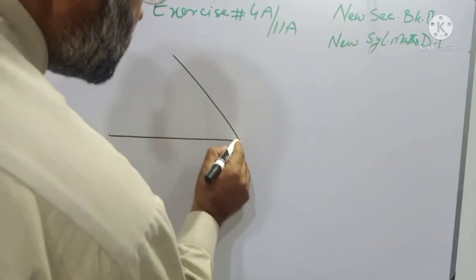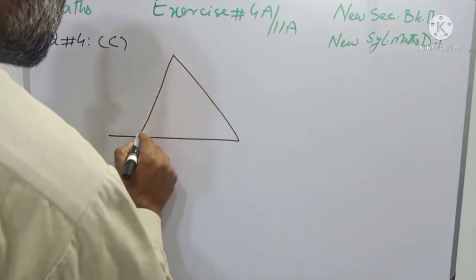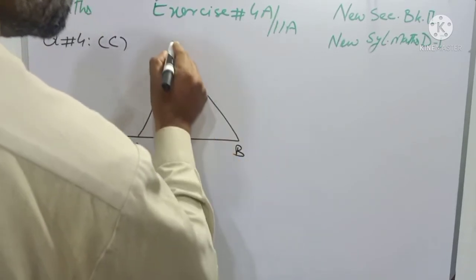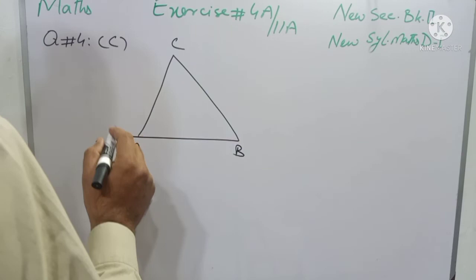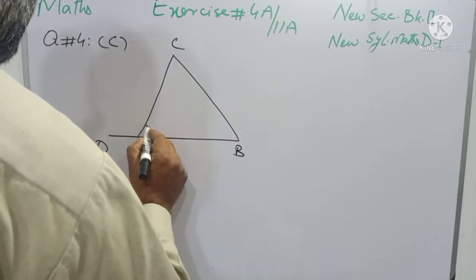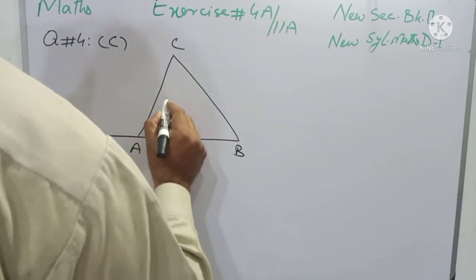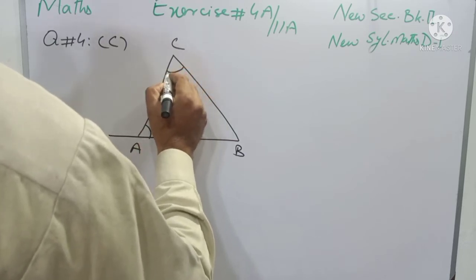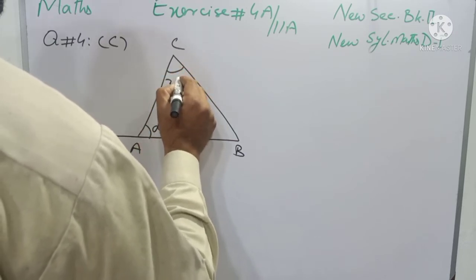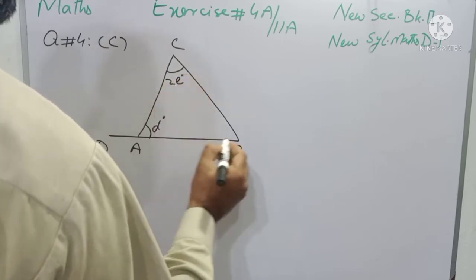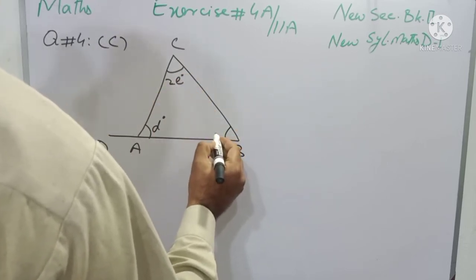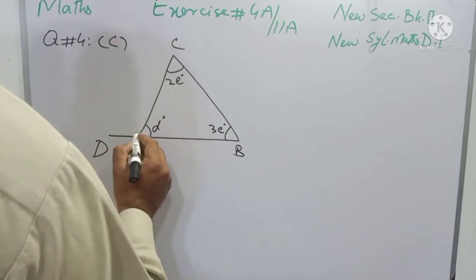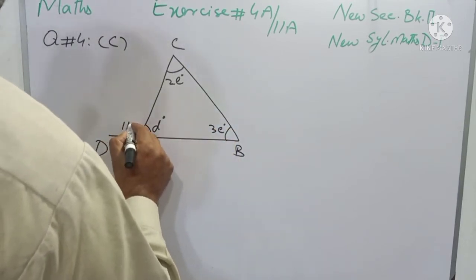BAD is a straight line, DAB, and it is C. And students, this angle is D degree, whereas angle C is 2E degree, and this angle B is equal to 3E degree, and the exterior angle is given, that is 110 degree.